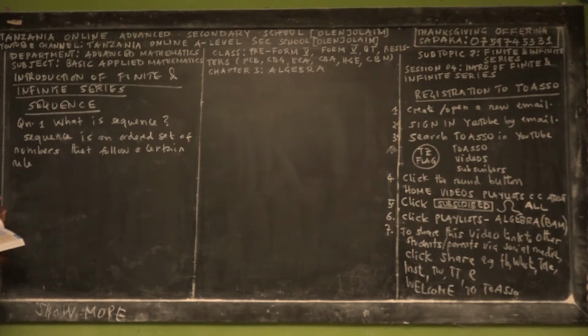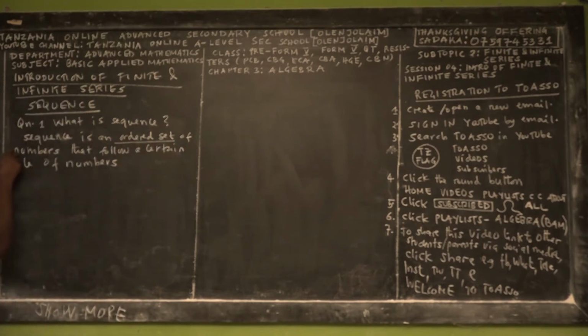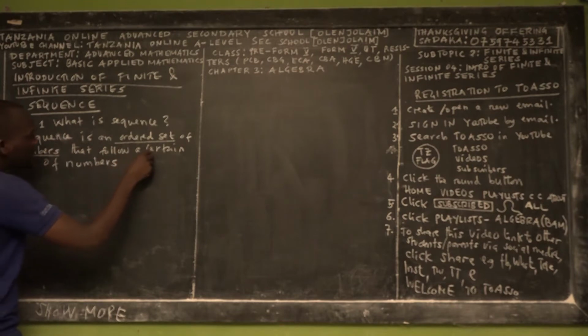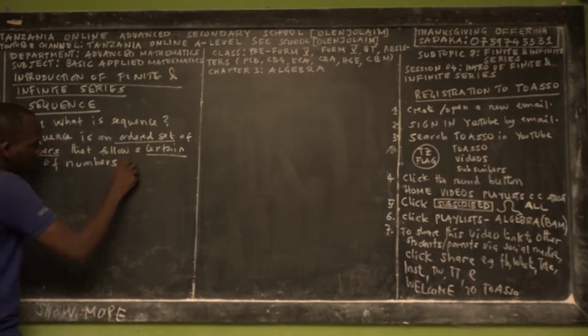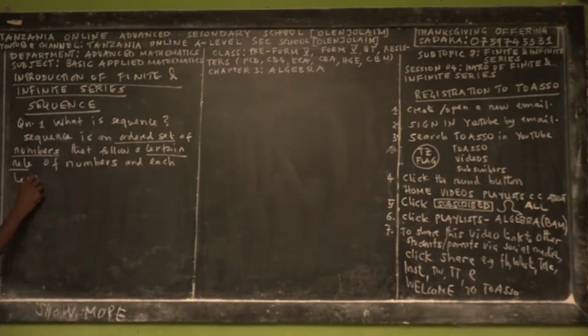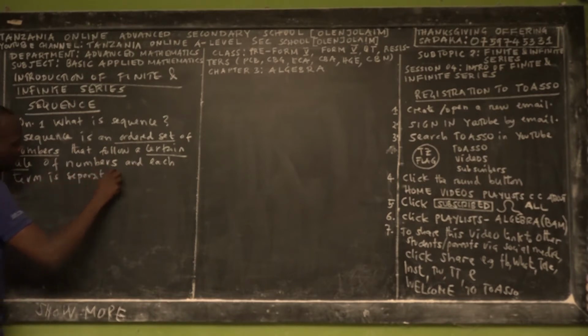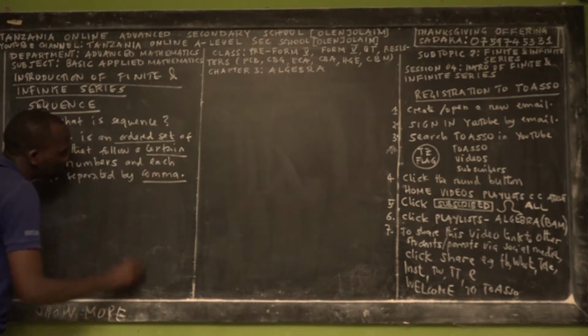So a sequence is an ordered set of numbers that follows a certain rule, and each term is separated by a comma. Very important: each term is separated by a comma.